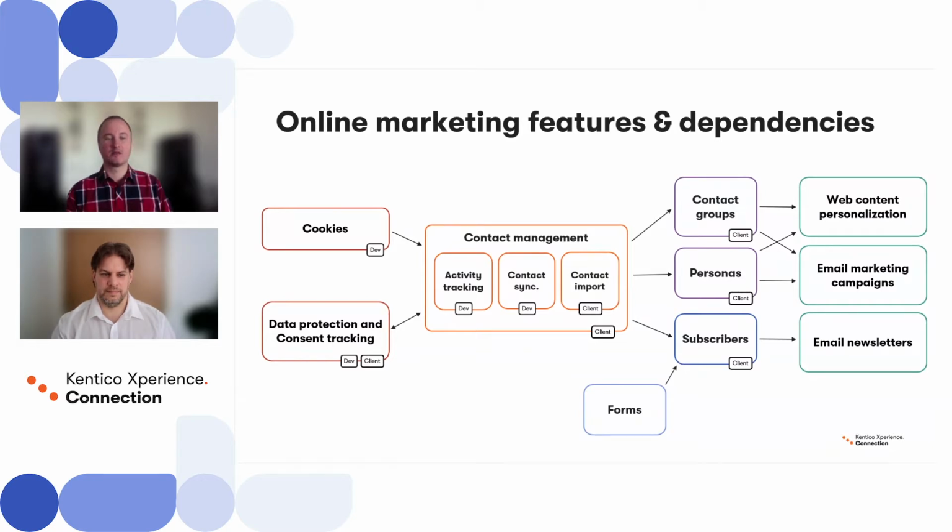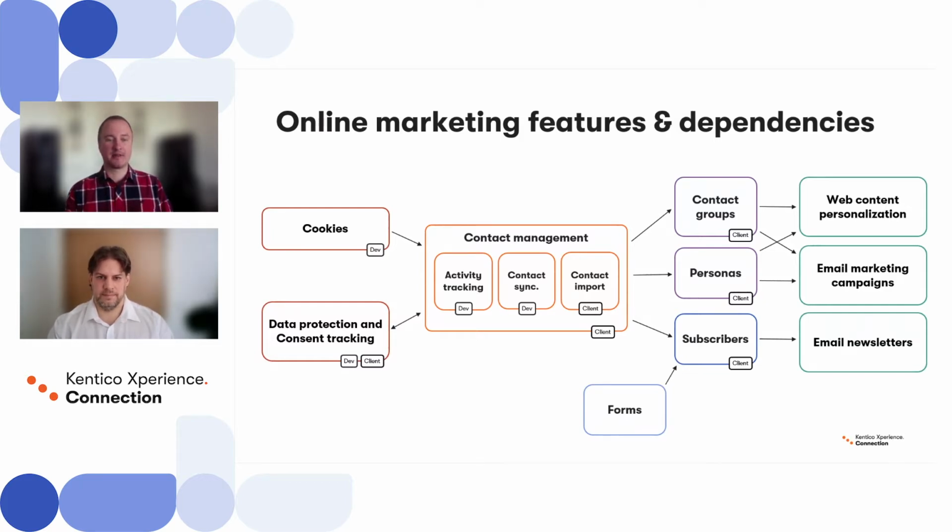The second step is the biggest orange rectangle. It's contact management functionality, and it has 3 distinct sub-features or elements. The first one is activity tracking. That's something that's pretty easy to activate or set up by developers. Then there is contact synchronization with some external system, such as CRM.